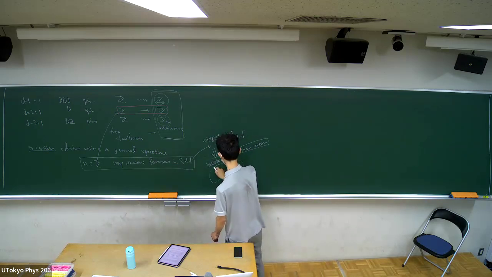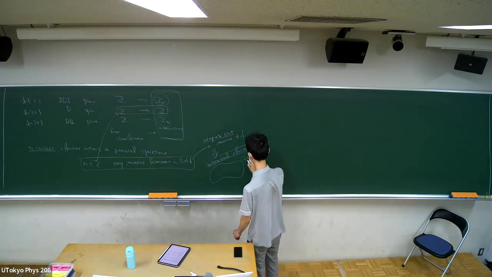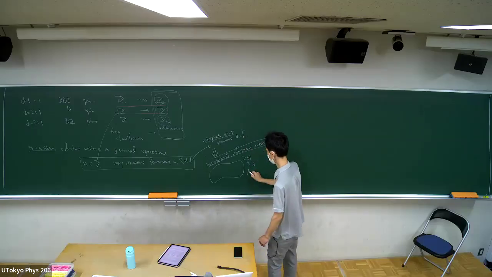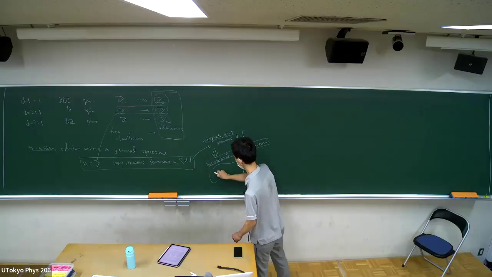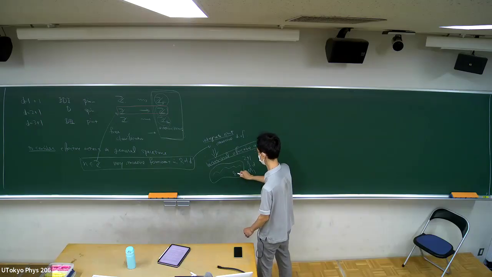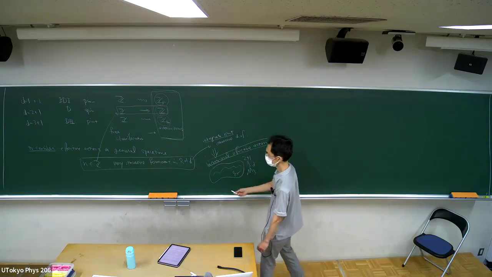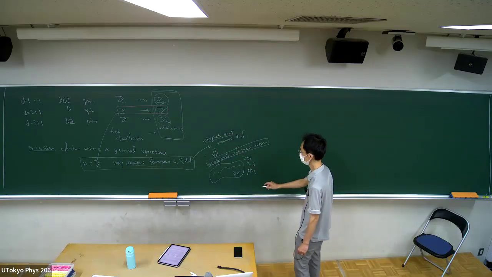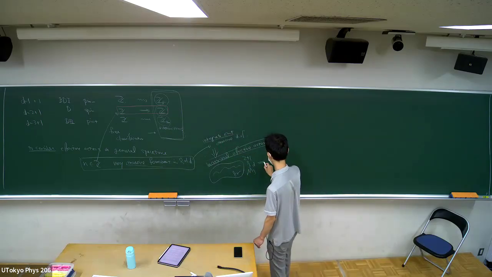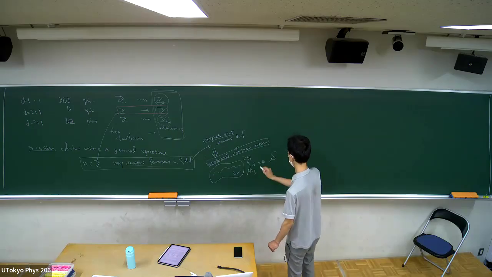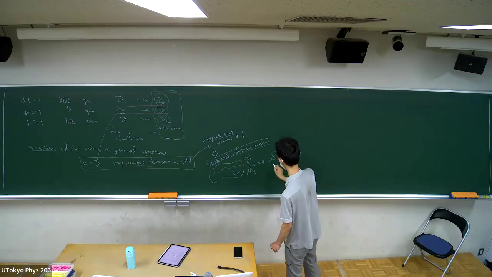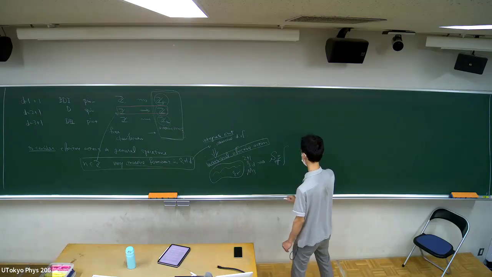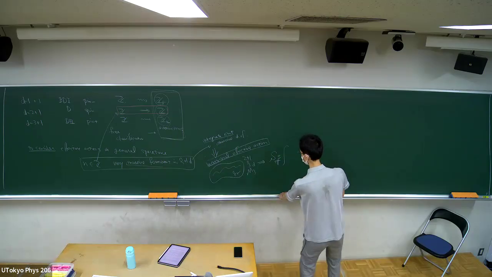So you consider this 2 plus 1D system on some 3-manifold with some general metric G mu nu, and you consider very massive fermions. One finds that the induced effective action has the form of the Chern-Simons term.